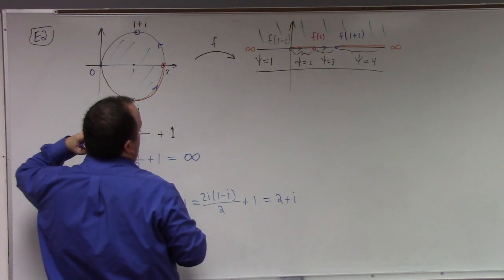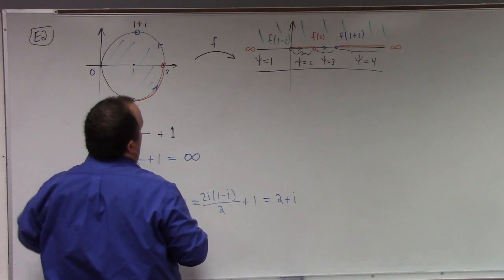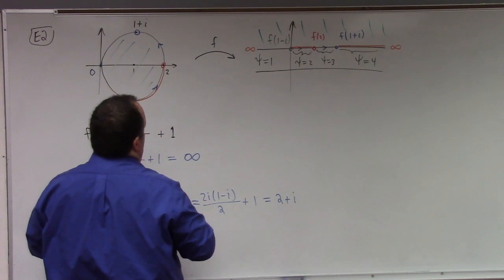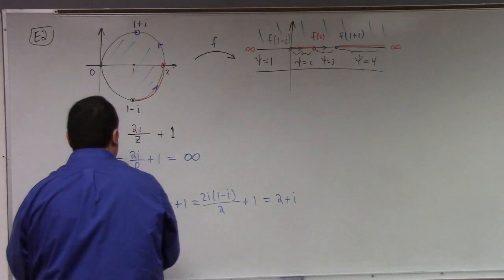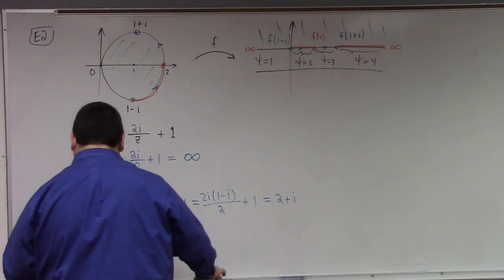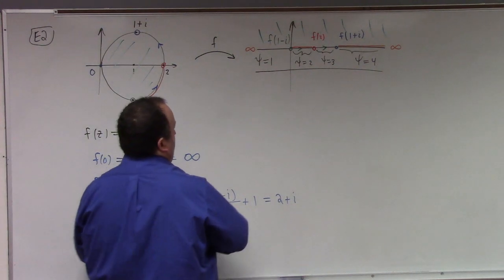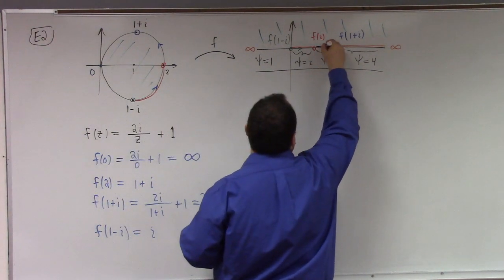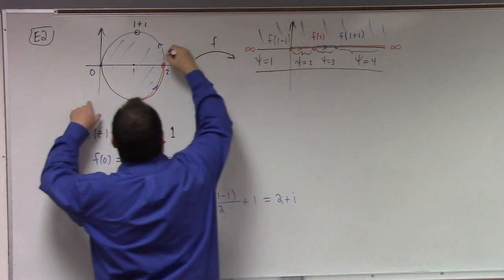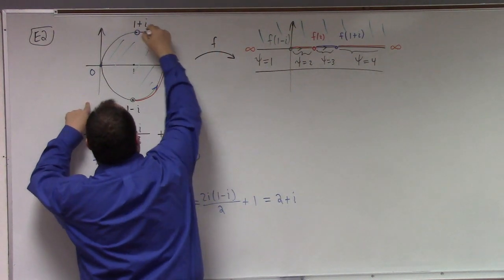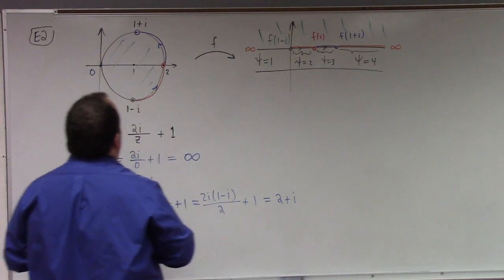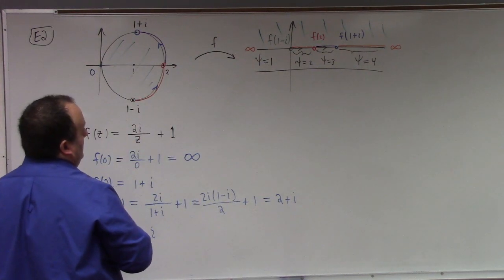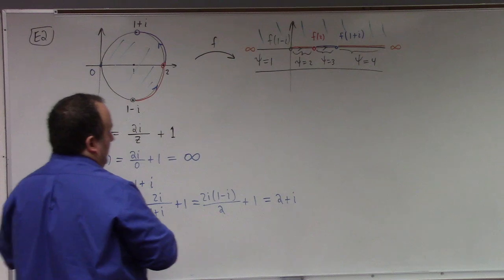So I guess, see if I can. All right, so from the red to the blue, that would be this piece. And then, well, instead, let me not use orange there.